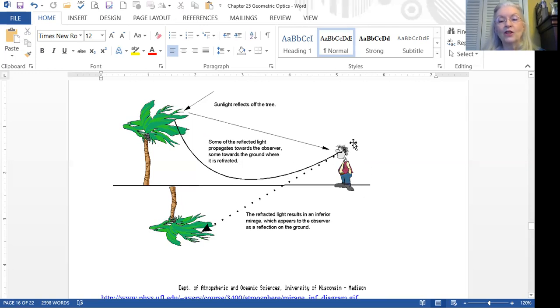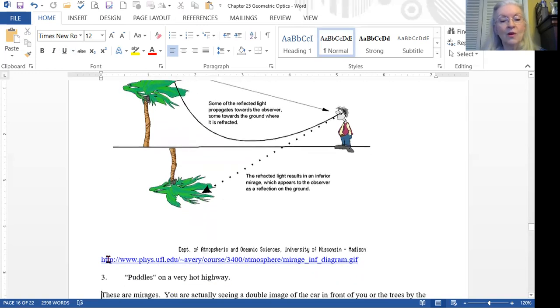You have to be in just the right location to get both pieces of information. So when you move closer or farther away, the mirage will disappear and you'll only see the object itself. You won't see the imagined reflected image.